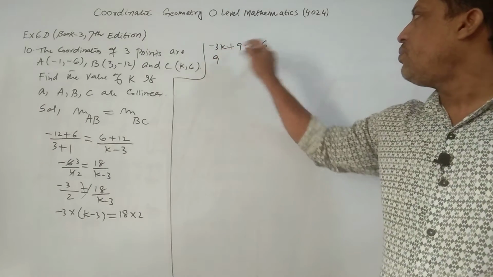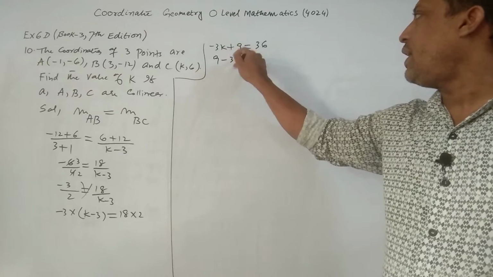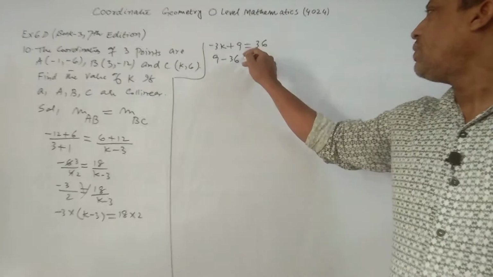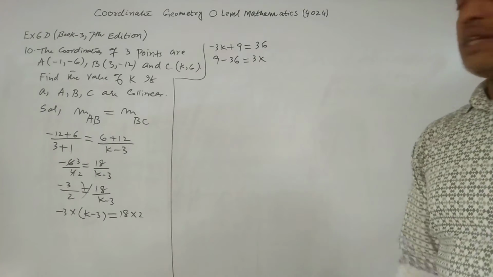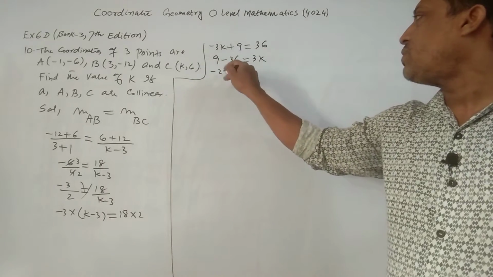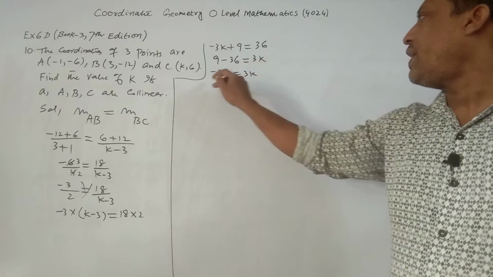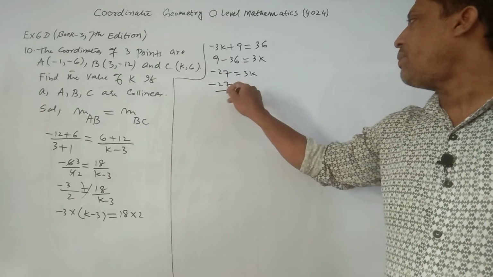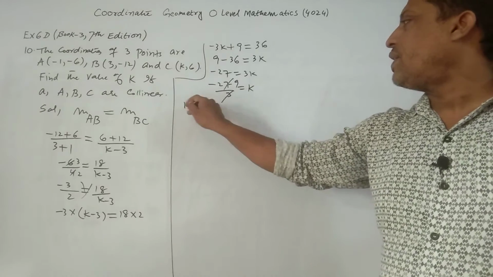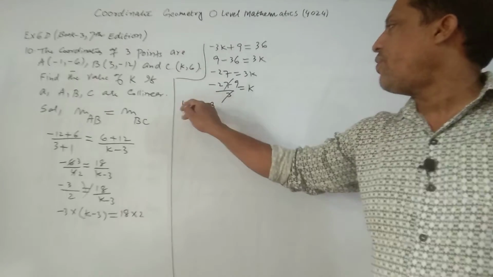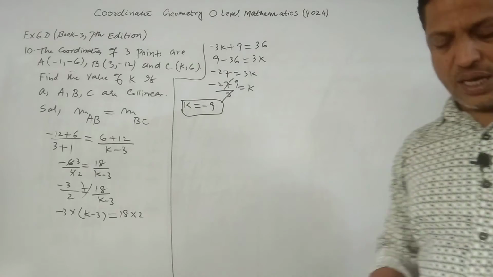So 9; move this 36 to this side, it will become minus 36. Move this -3k to this side, it will become 3k. 9 minus 36 is -27, equals 3k. -27 upon 3 equals k. 3 ones are 3, 3 nines are 27. So the value of k is -9.